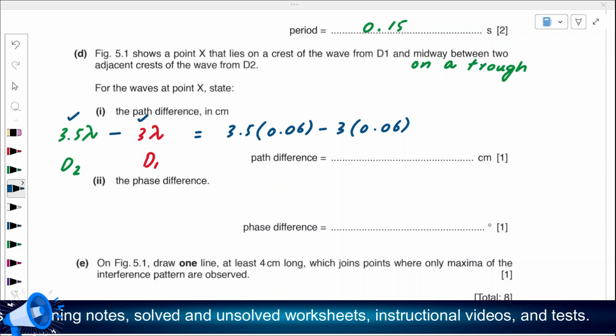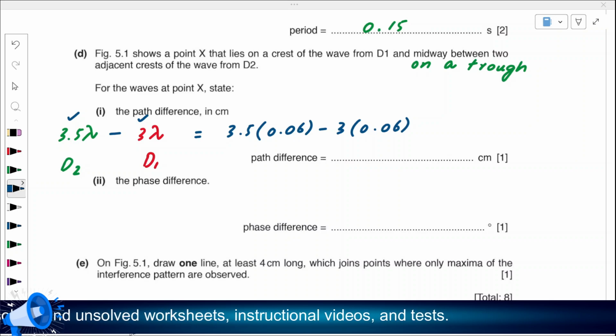Okay, 0.030, thank you. 0.030, and we got an answer in meters.